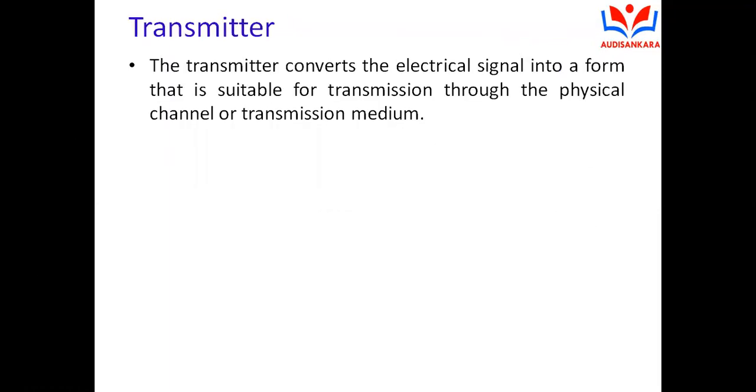What will the transmitter do? Already I have discussed in the last class. The transmitter converts the electrical signal into a form that is suitable for transmission to a physical channel or transmission medium, or simply channel.